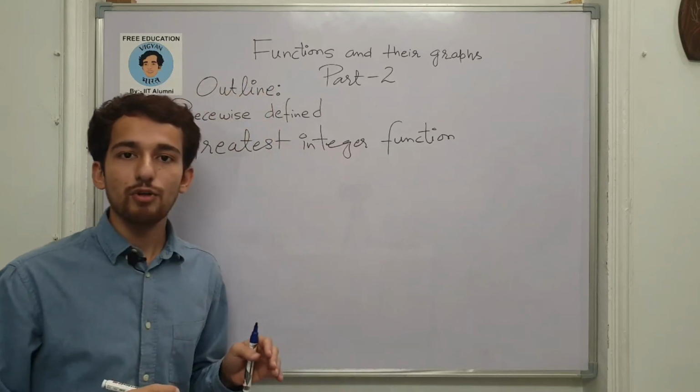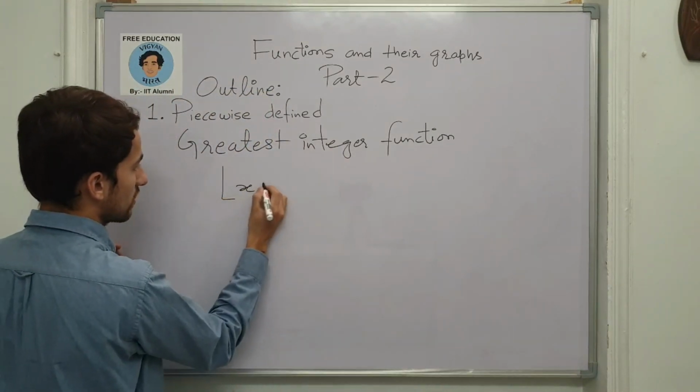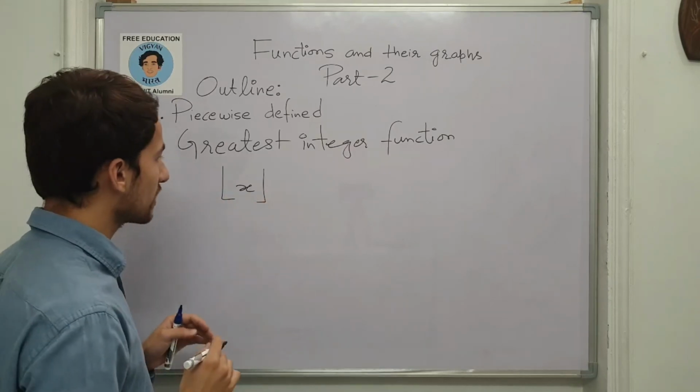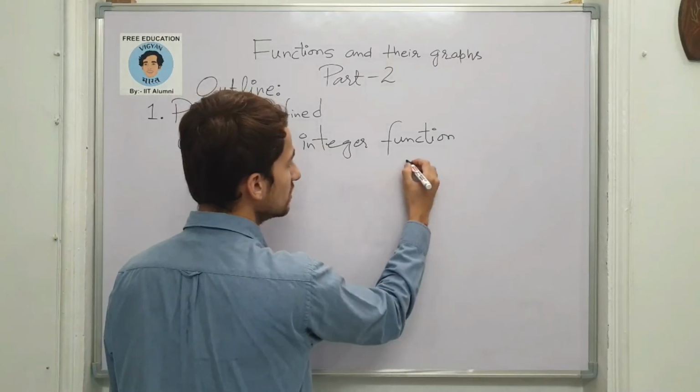The notation for denoting this function is this. I'm going to tell you why the notation is something like this, and this is also sometimes called the floor function.